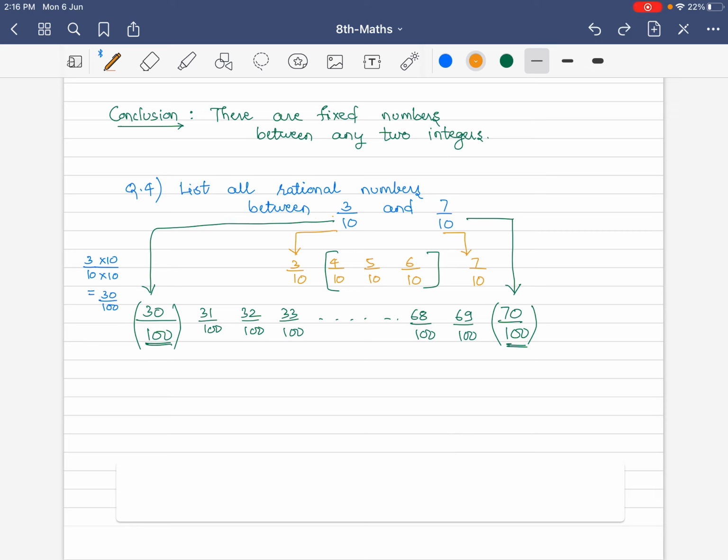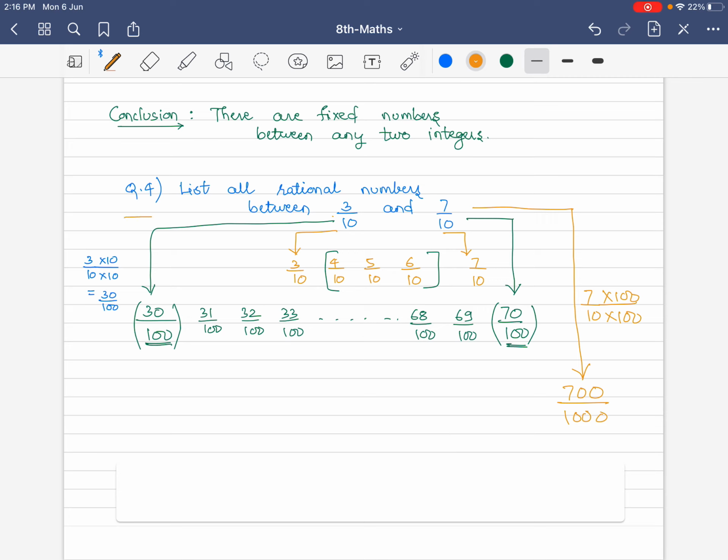Now I want to multiply the numerator and denominator by 100. If I do that, then my 7 by 10 is going to be 700 by 1000. What I'm doing is multiplying both the numerator and denominator by 100. So I get 700 upon 1000.